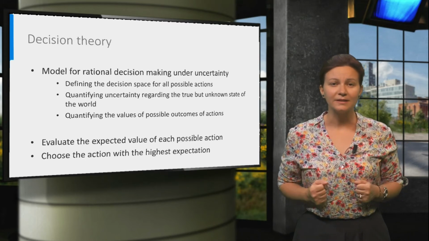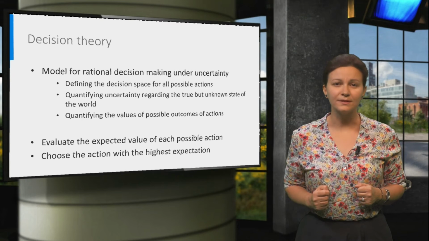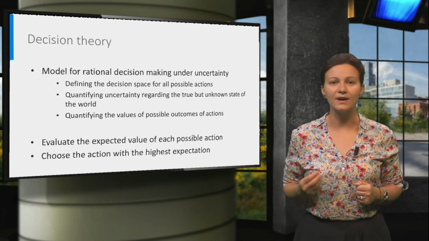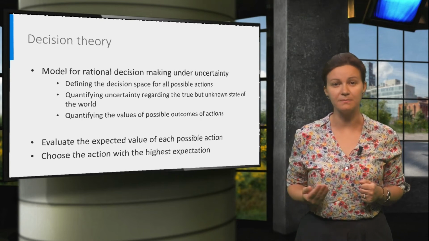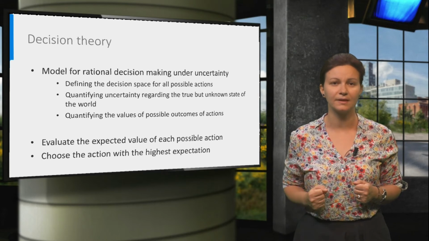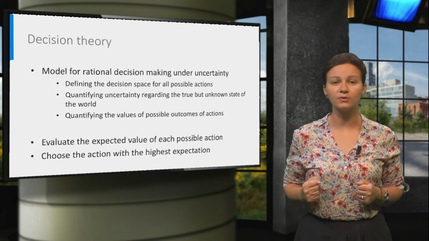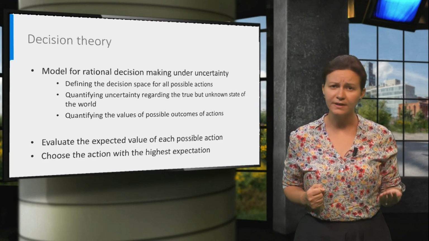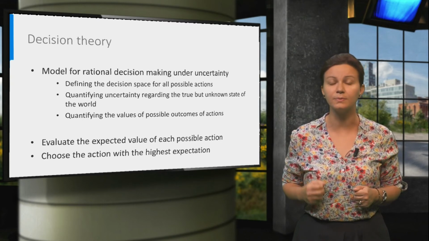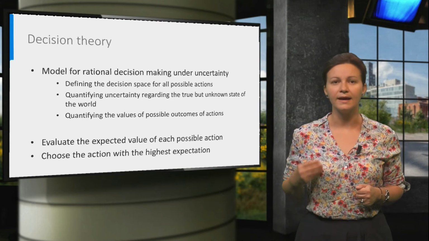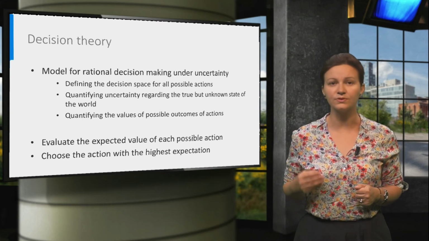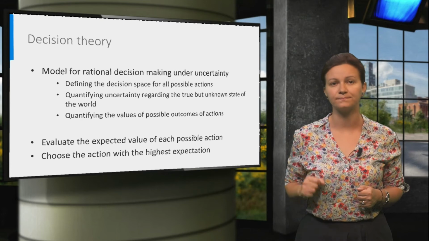The last topic brings us to the core of decision theory. Decision theory provides a model for rational decision-making under uncertainty. The model involves defining the decision space for all possible actions, quantifying the uncertainty regarding the true but unknown state of the world, as well as quantifying the values of possible outcomes of actions.